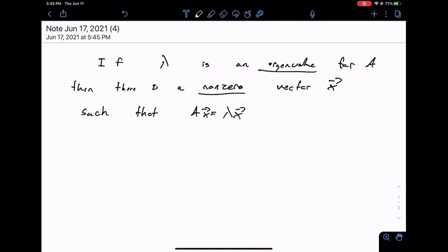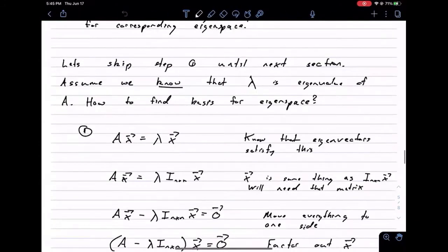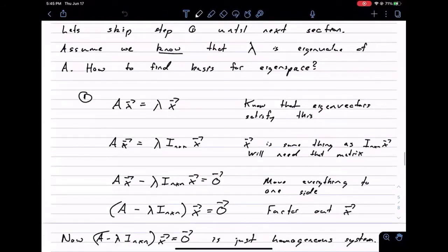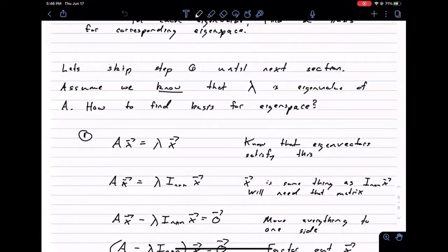That x has to be a non-zero vector. If we had a zero vector, this would all be mush. So we know that lambda is an eigenvalue of our matrix. That means there's this non-zero vector x such that A times x equals lambda x.